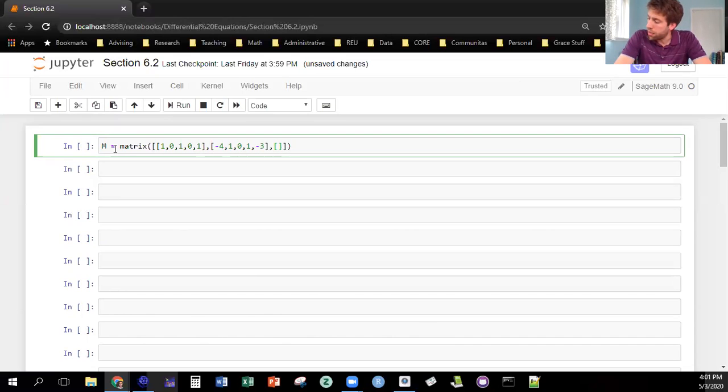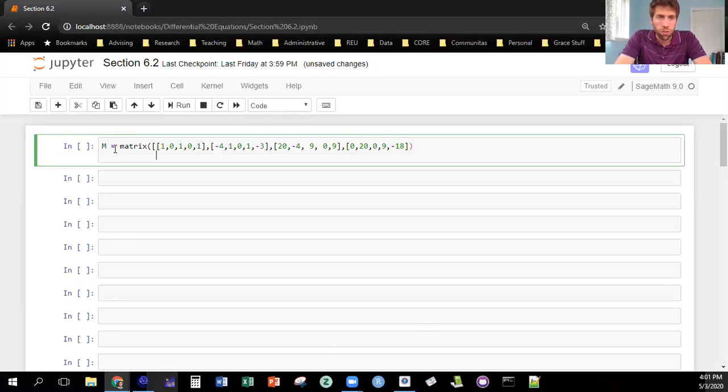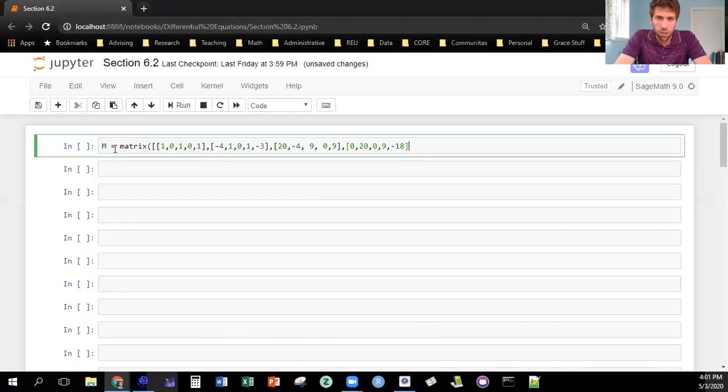And then the s terms are 20 a's, negative 4 b's, 9 c's, and 0 d's, and the s terms equal 9. The constant terms have no a's, 20 b's, no c's, and 9 d's, equal to negative 18.